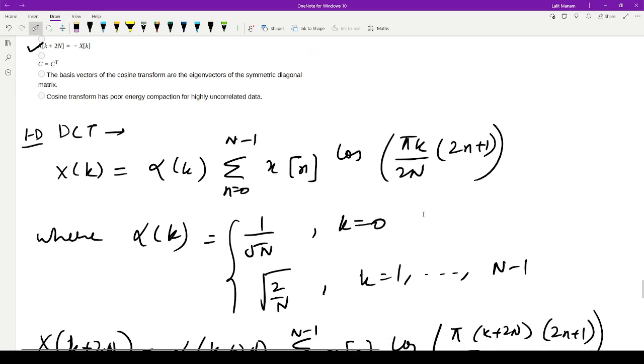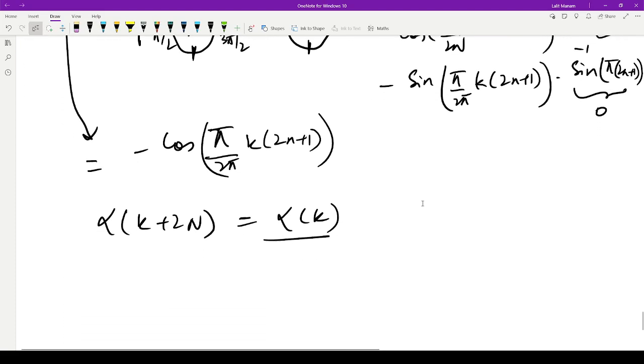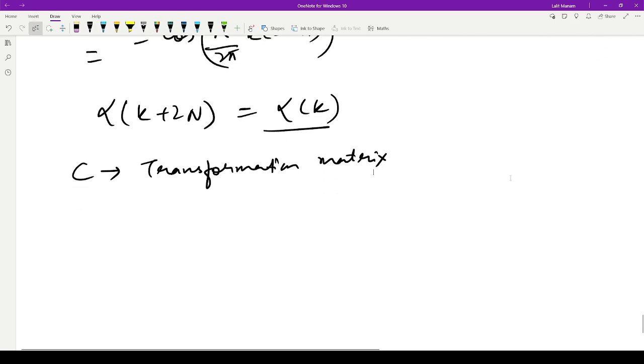C equals C transpose. What is C here? Can anyone say that? C here is the transformation matrix, which is, so if you have capital X in the transform domain and small x in the original domain, this is transformed domain.